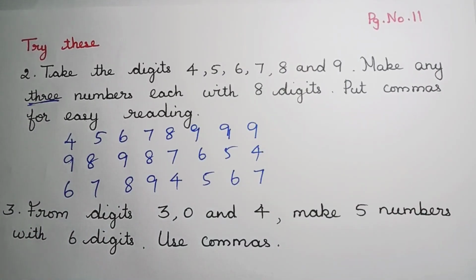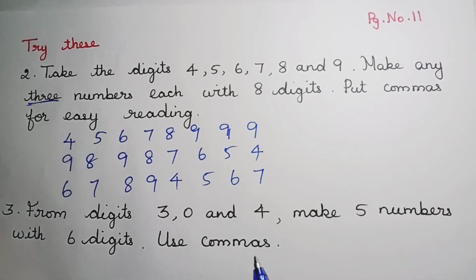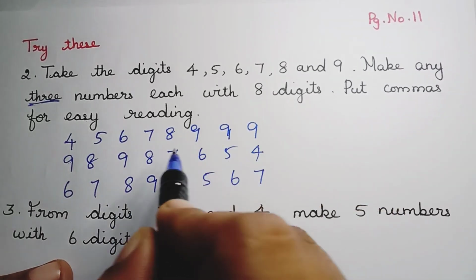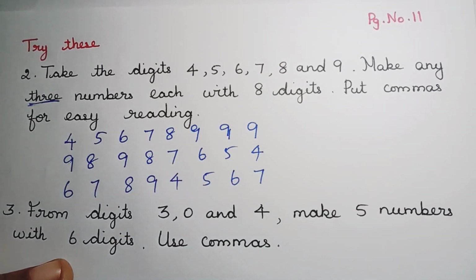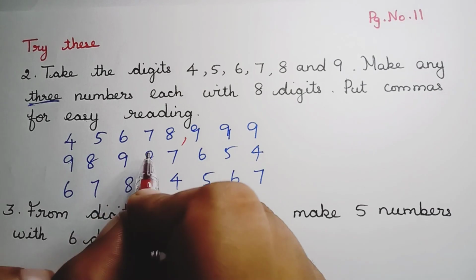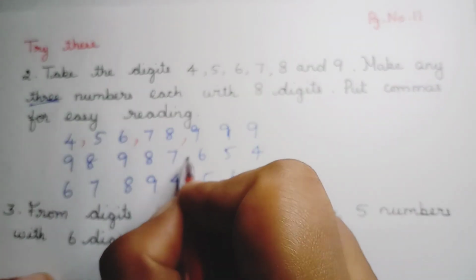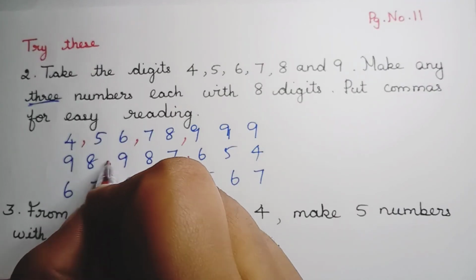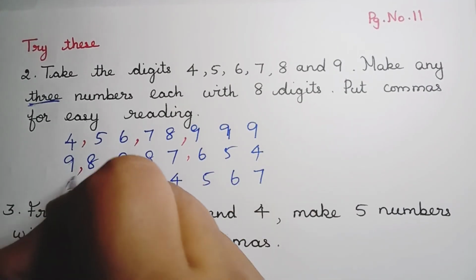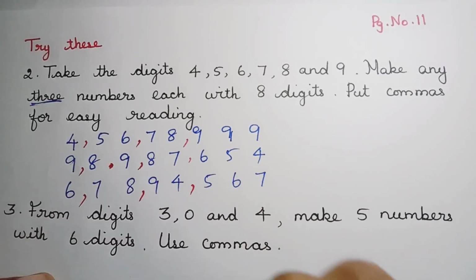Okay, so the question is, put commas for easy reading. So how will you put commas? After 3 digits you have to put 1 comma, then another 2 digits, another 2 digits. Okay, the same way you have here.